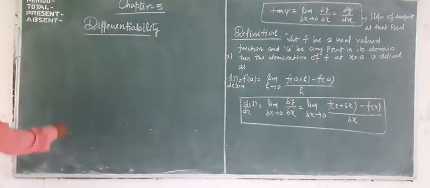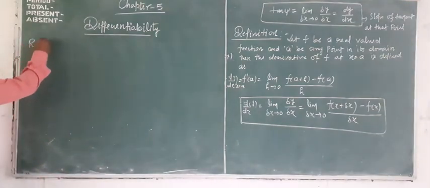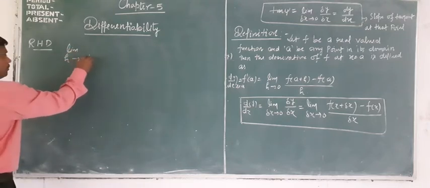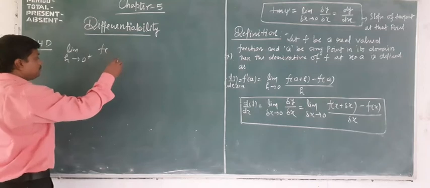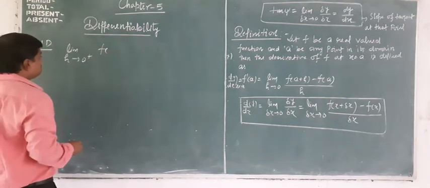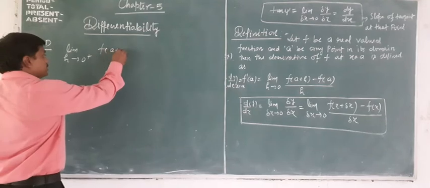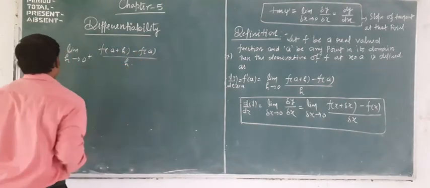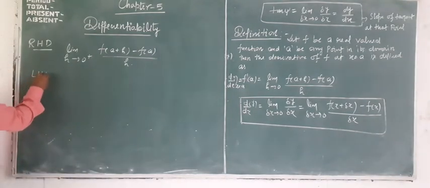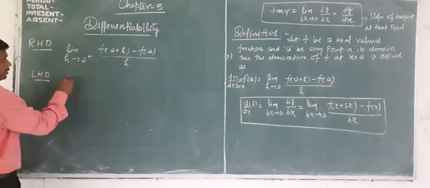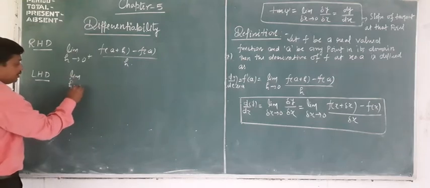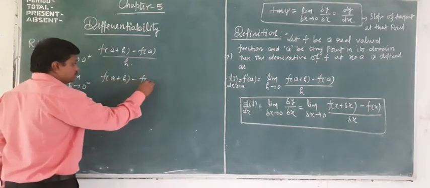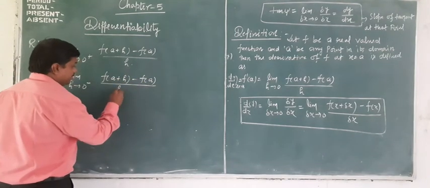The right hand derivative of the function is denoted by limit h tending to 0 plus, f of a plus h minus f of a, divided by h, and the left hand derivative of the function at x equal to a is defined as limit h tending to 0 minus, f of a plus h minus f of a, divided by h.